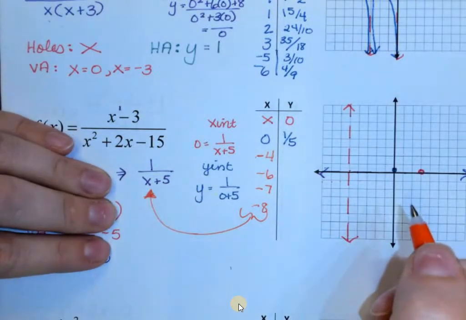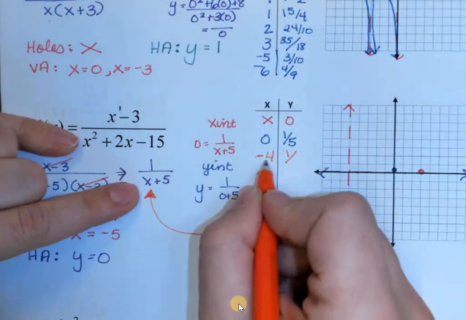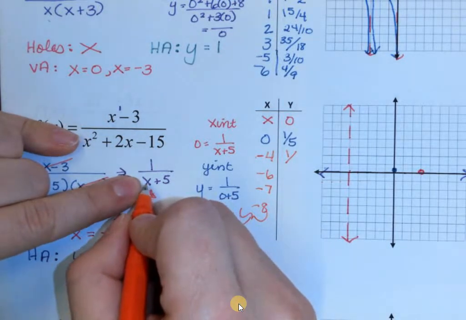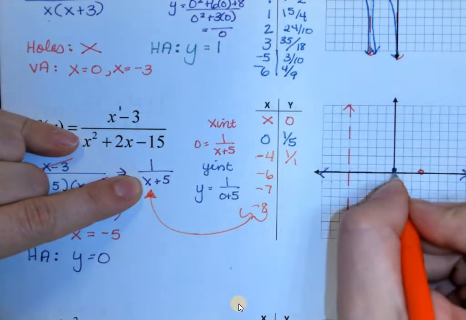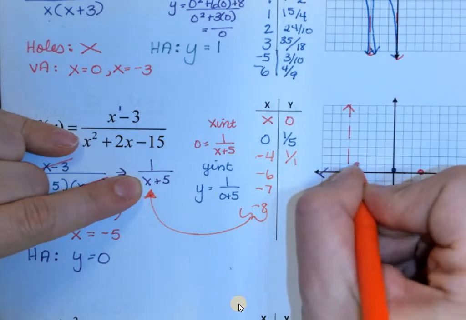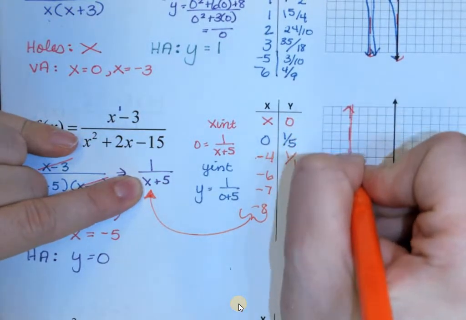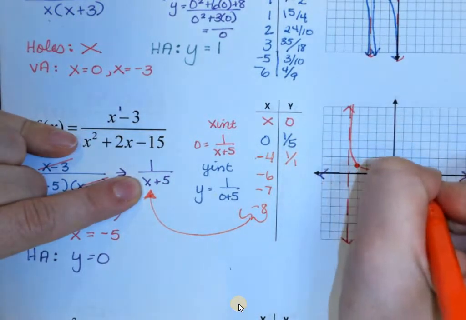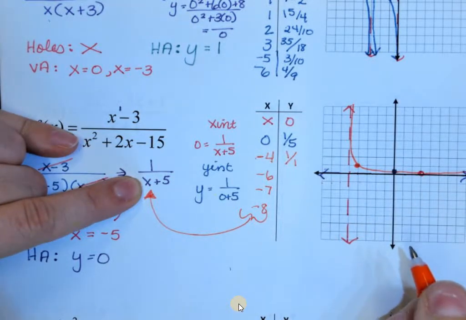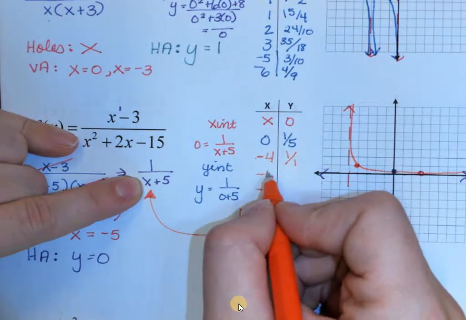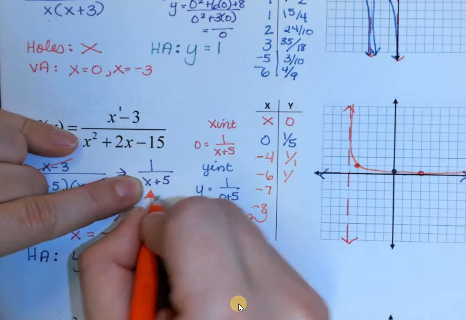into the simplified formula. I'm going to have 1 over, what is negative 4 plus 5? 1. So at negative 4, I'm going to be at 1. So this graph is going to come right like that. When I plug negative 6 in, I'm going to have 1 over, what is negative 6 plus 5?